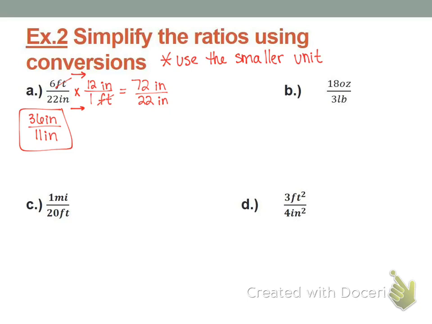All right, on letter B. What units were they using here? Pounds and ounces. Which one is smaller? Ounces. So we want to keep the ounces. So what was our conversion factor?